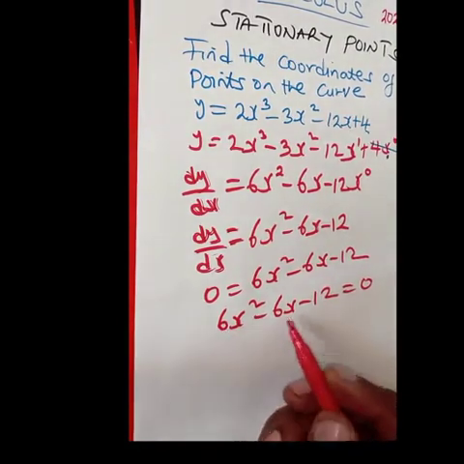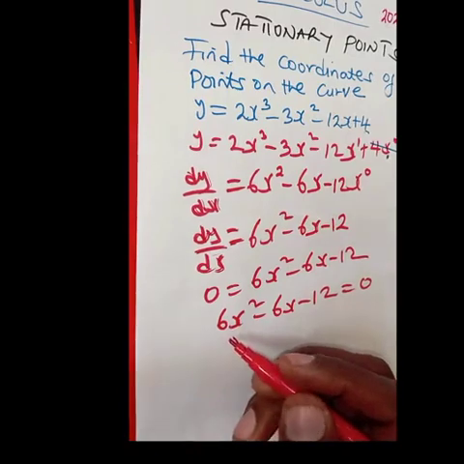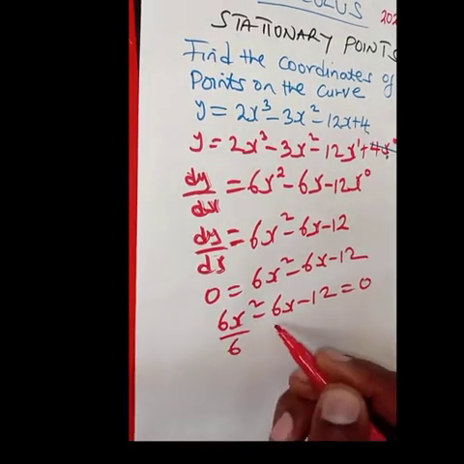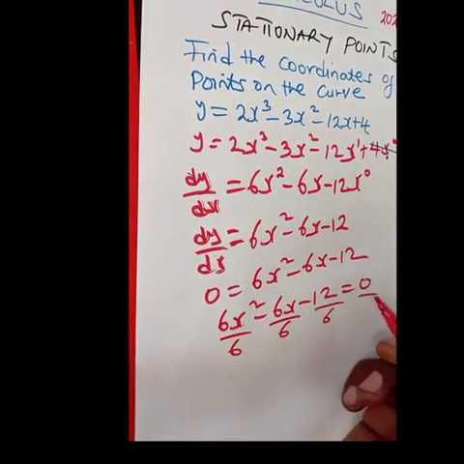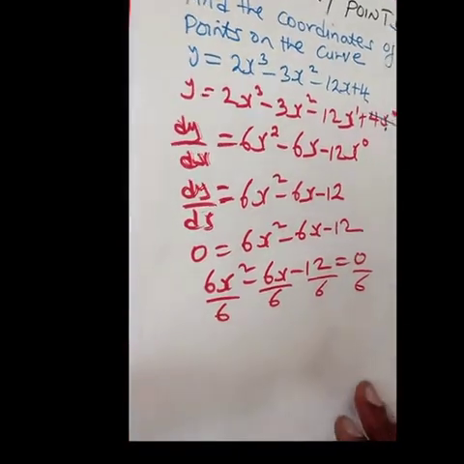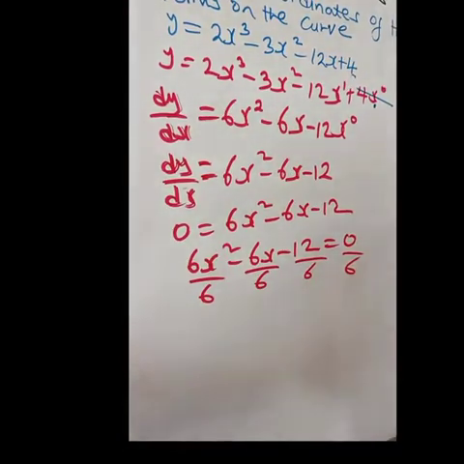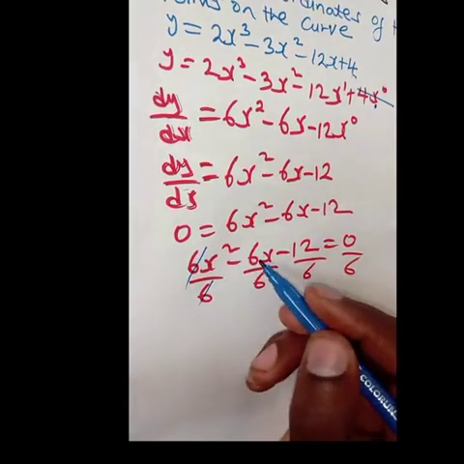So since there's a 6, 6, 6, a 6 can go into all these. So better you reduce it. Over 6, over 6, over 6, over 6. It's not always you reduce. It depends. If you are able to, you can do so. So now, we know a 6 and a 6. There you go. Even here.